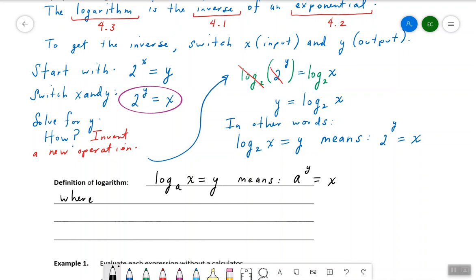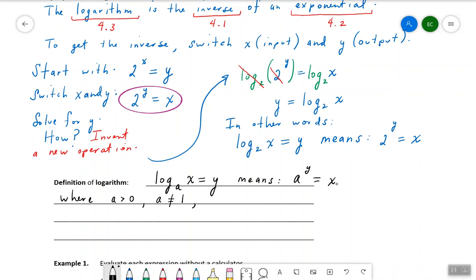So we can just transfer that over to the logarithm. So the base a is a positive number, and a is not equal to 1. A is between 0 and 1, or it's greater than 1.